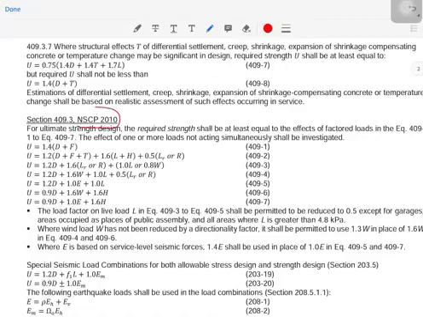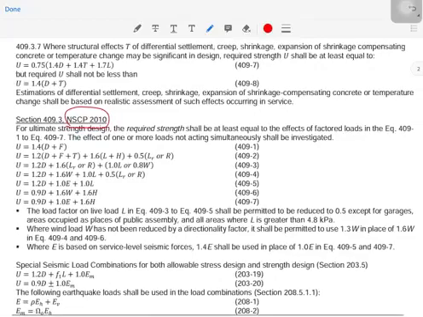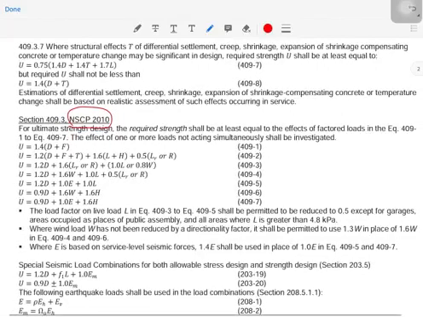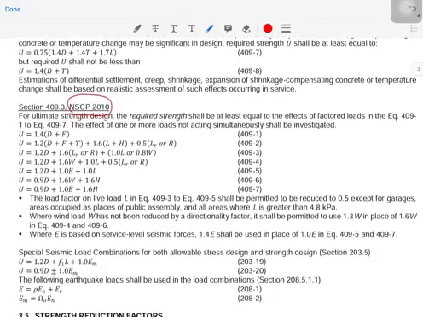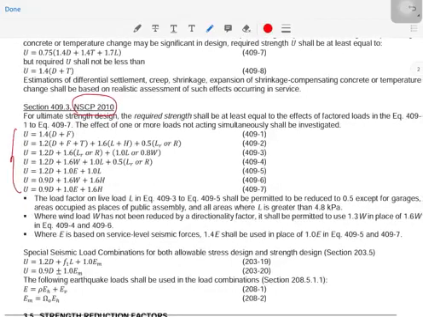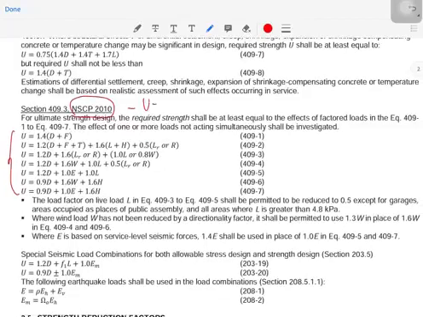So how about for NSCP 2010? The ultimate strength design, or the required strength, shall be at least equal to the effects of factored loads in equation 409-1. So these are the factored loads involved in NSCP 2010. Some of the differences is that for dead load and live load in NSCP 2010, U is equal to 1.2 dead load plus 1.6 live load.